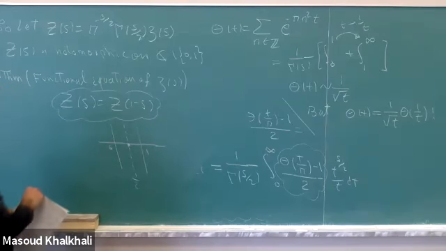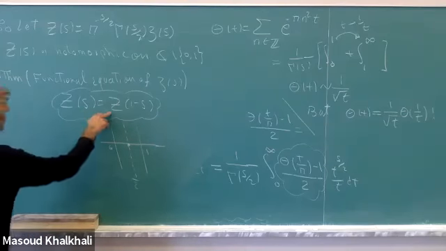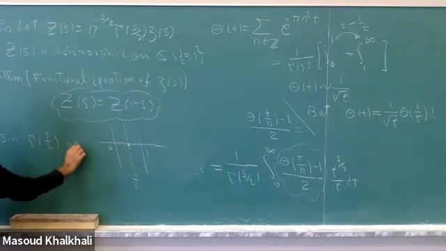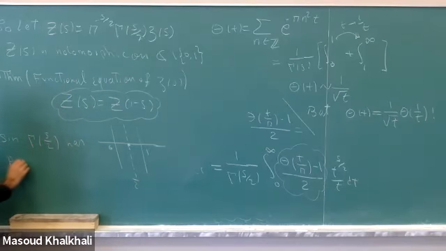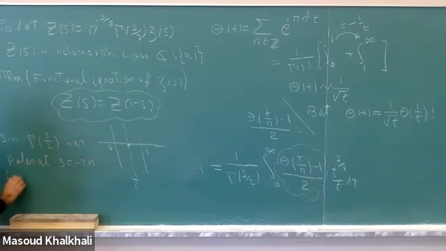Another thing is that gamma of s over 2 has poles at s equal to minus 2n, negative even integers.